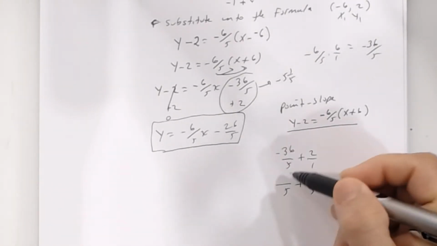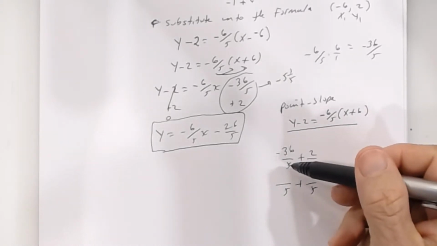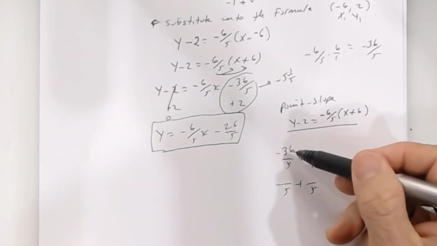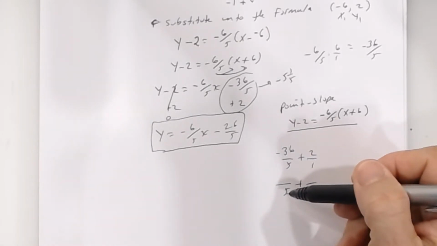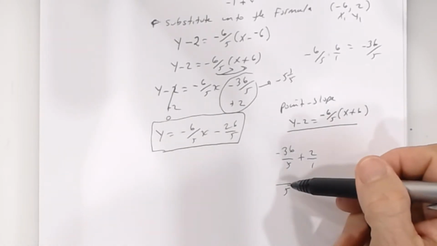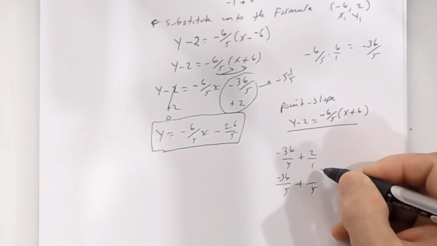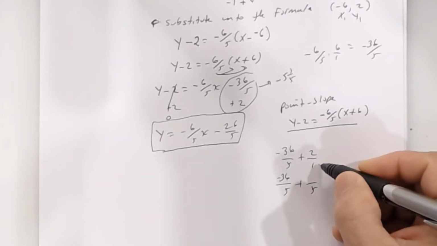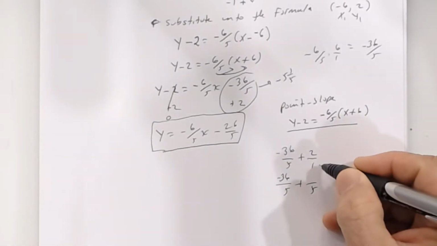So now you're going to write equivalent fractions, meaning that you want this fraction to be equivalent to a fraction that has that same denominator, that has 5 as a denominator. Well, if the denominators are the same, then what does that mean about the numerators? They have to be the same. Over here, though, the denominator is not the same. So what can I multiply this 1 by to get this LCD? 5.